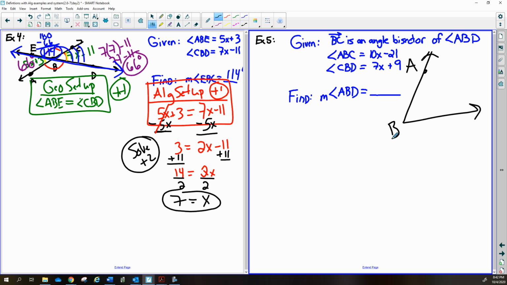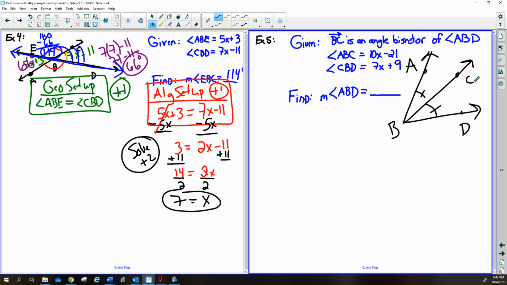When I look at angle ABD and I draw an angle bisector up here, I know that an angle bisector splits an angle in half. And I have a ray right there, BC. ABD is bisected by ray BC.